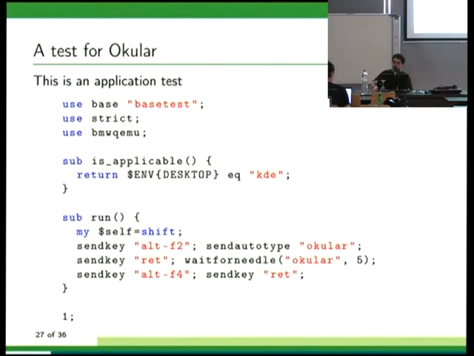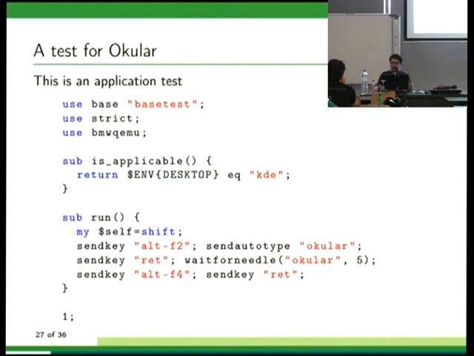And this was my proposal. I tried to use only the API that we saw before. We are using the base test object. This test will only run in a KDE test. If we are testing GNOME, we don't want to run this test. And we are sending a set of very well-known keystrokes.